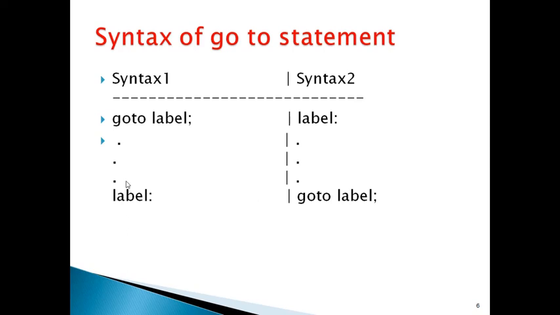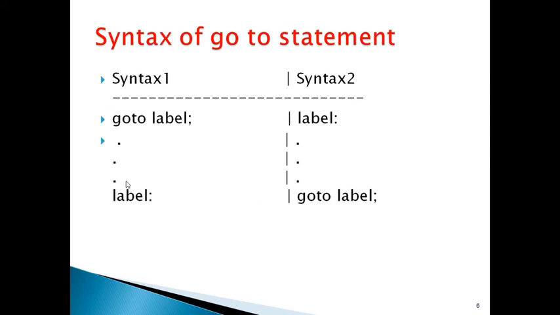After executing those instructions, it executes the remaining program. The control jumps directly to the label indicated after some instructions, ignoring the instructions in between. This happens in syntax 1.